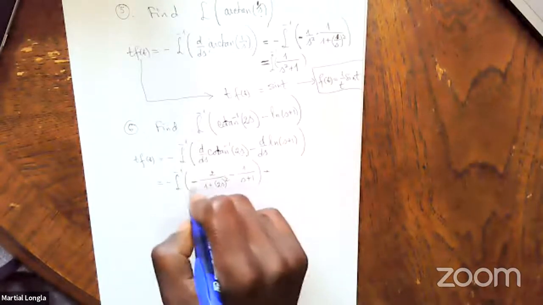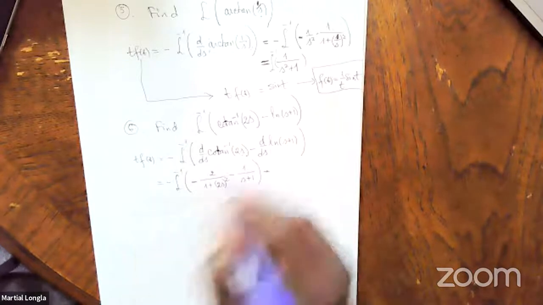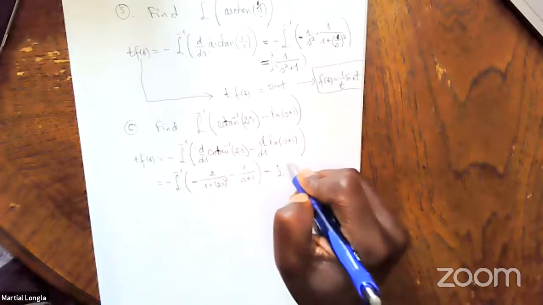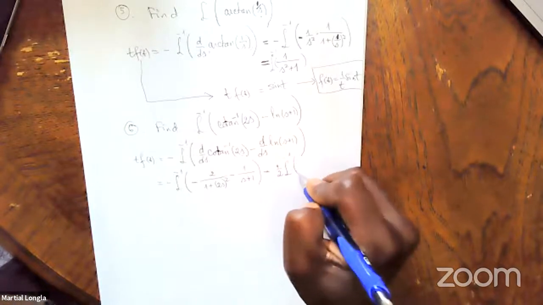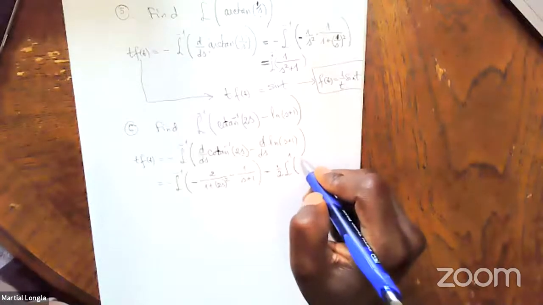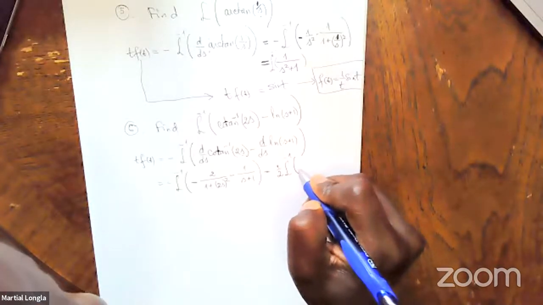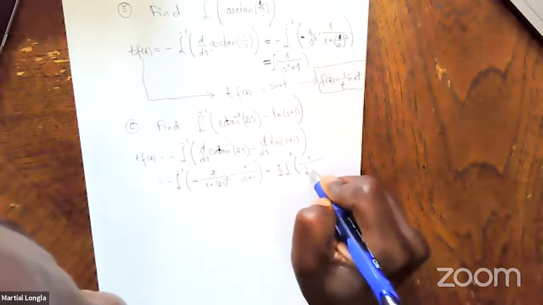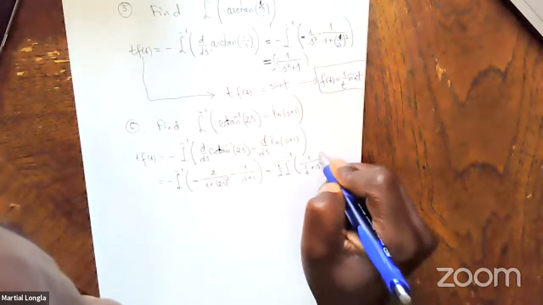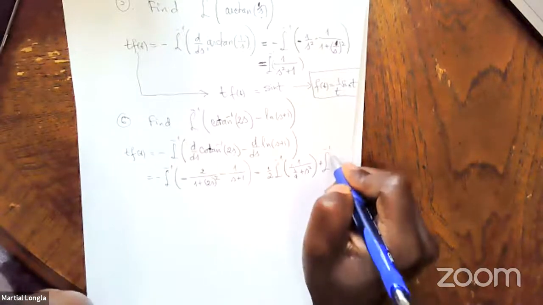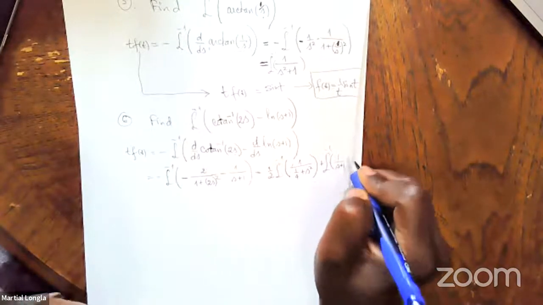So it's going to be 1/4 that you can remove from there. And this is going to be 1/2 inverse Laplace transform of 1 over 1/4 plus s squared plus inverse Laplace transform of 1 over s plus 1.